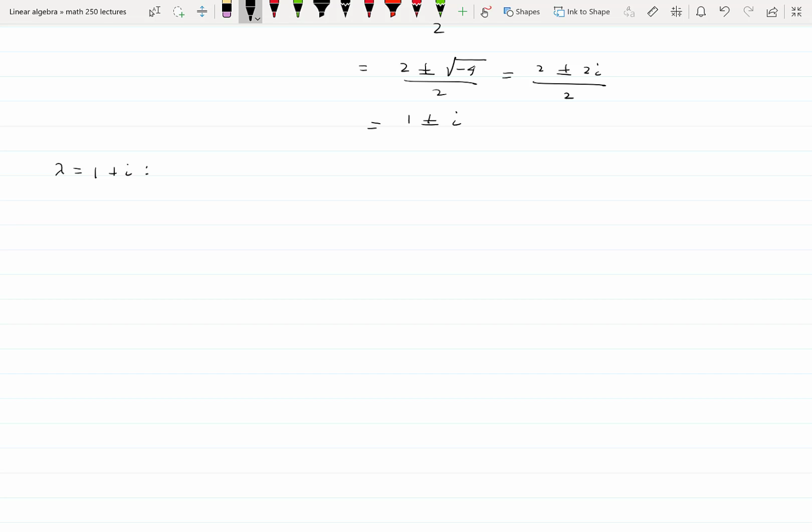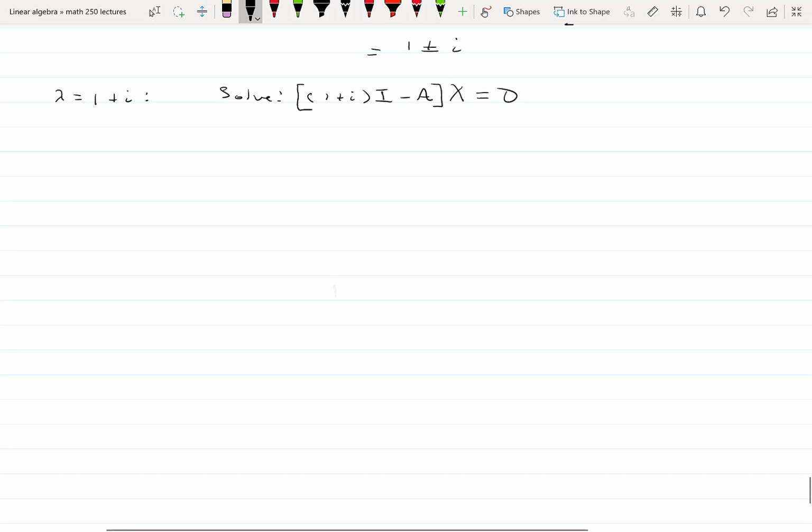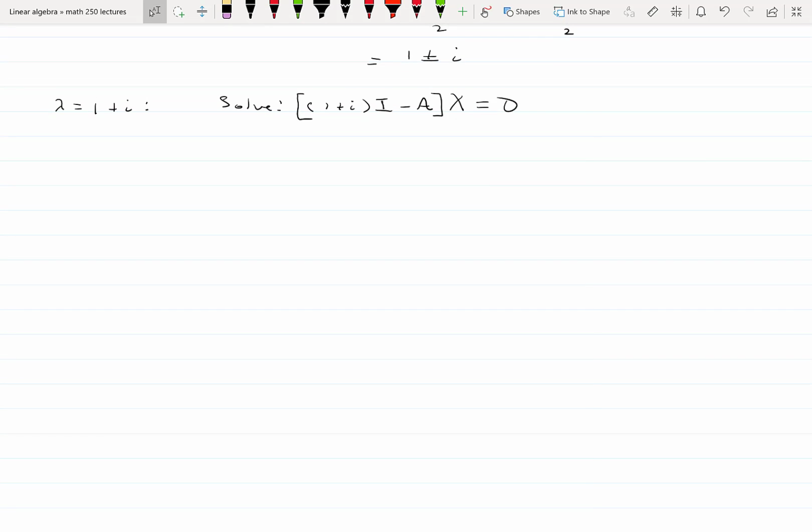Let's find the corresponding eigenvectors. So we're going to solve (1 plus i) times I minus A, all of that times x equals 0. This is where we have to do some work by hand, because our graphing calculators don't work with complex numbers. At least the TI-84 doesn't.